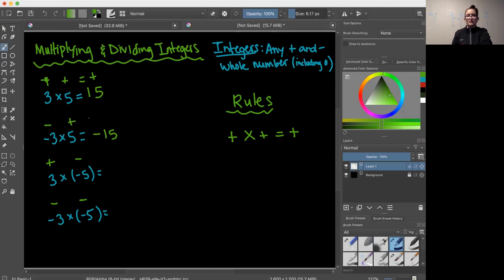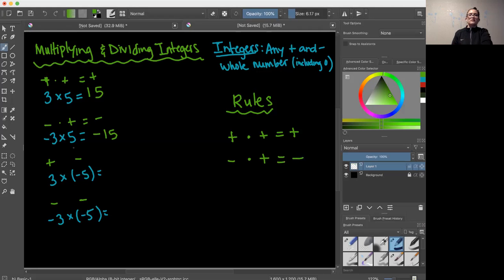So the answer to this rule, a negative times a positive, is going to get me a negative.